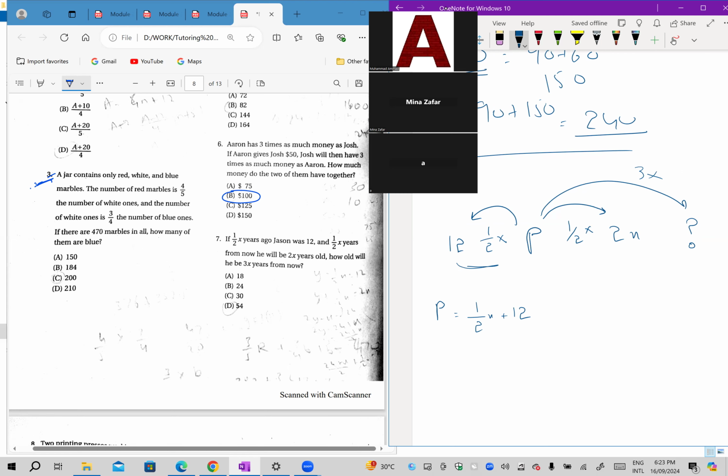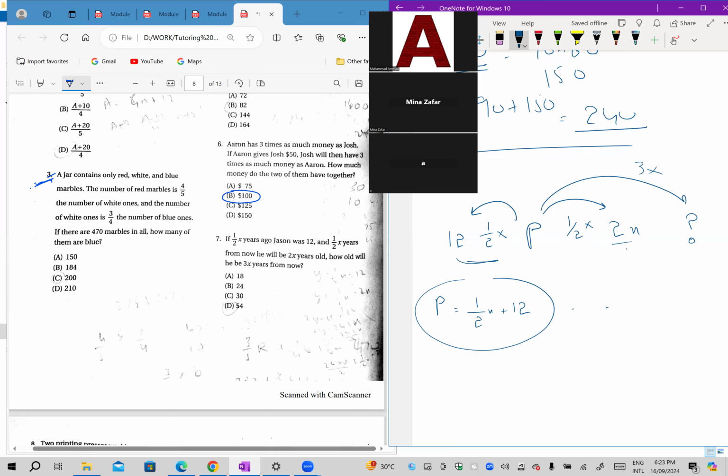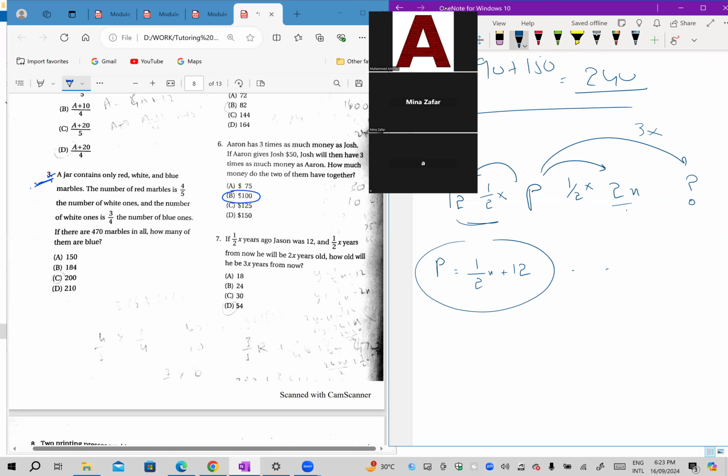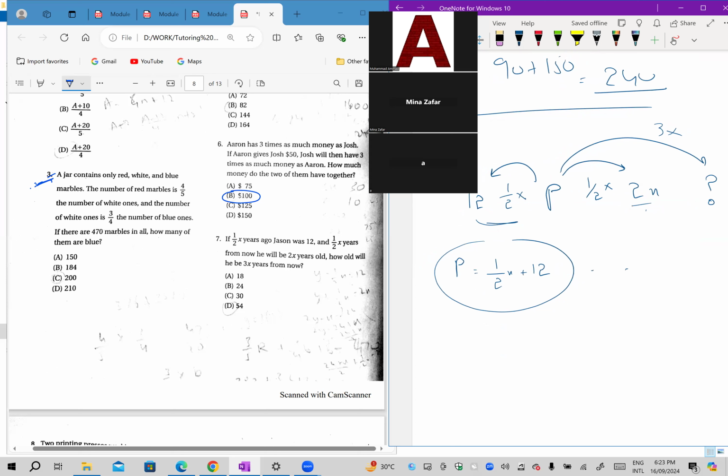If he will be 2x years old half x years from now, इसका मतलब है अगर आप इस पूरे एक्सप्रेशन में हाफ एक्स ऐड कर देंगे तो आंसर 2x आना चाहिए. This is what they're saying, right? So the new expression is 12 plus half x plus half x is equal to 12 plus x.